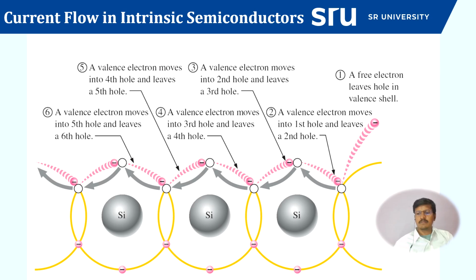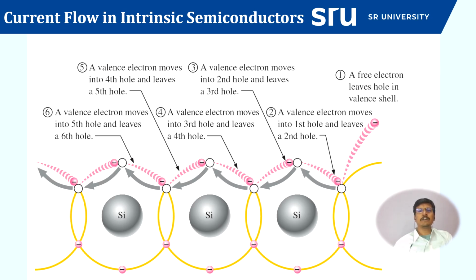Before moving to the extrinsic semiconductors, let us summarize the key characteristics of an intrinsic semiconductor. An intrinsic semiconductor is chemically pure, free from intentional impurities, and electrically neutral. At room temperature, thermal energy generates electron-hole pairs. The number of free electrons is equal to the number of holes in intrinsic semiconductors.